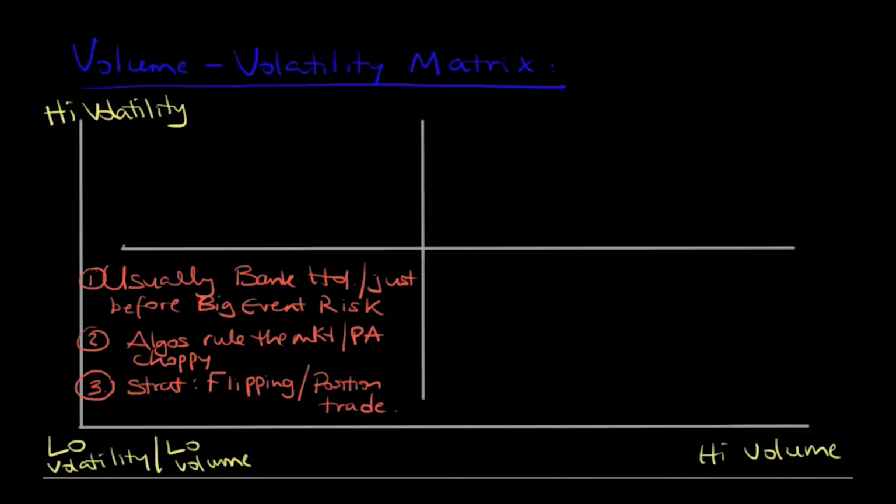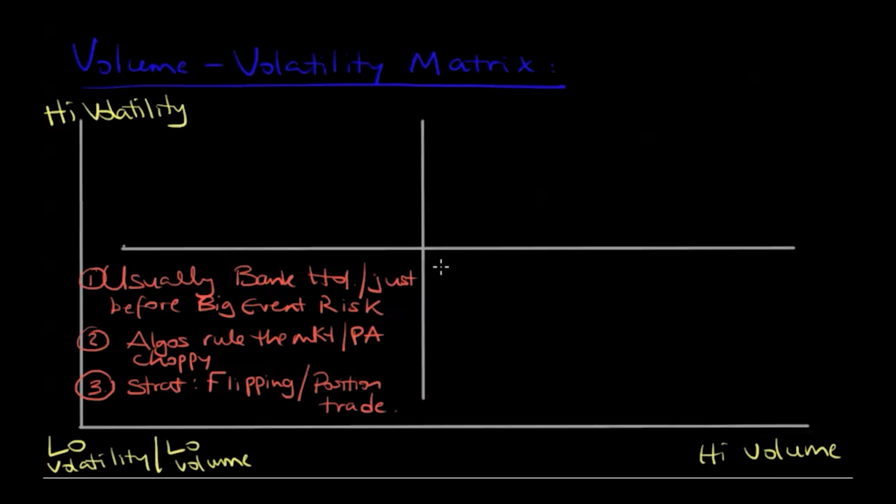So let's just move on to, let's say, a high volume, low volatility scenario. In a high volume, low volatility scenario in this quadrant here, the market's often trading within larger time frame acceptable value. So in an area where it's accepted value.